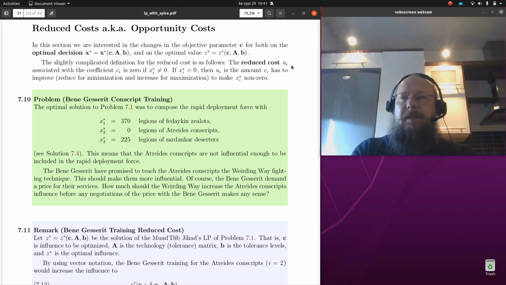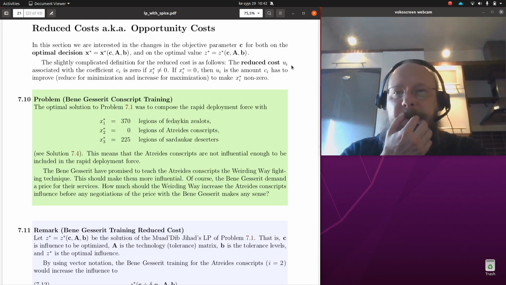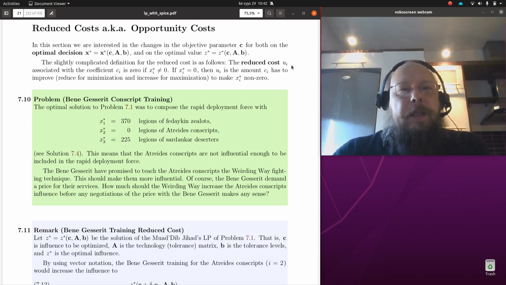Okay, so much for minimization. Let's go to maximization, which I prefer for some aesthetic reasons. In that case, for example, if we are producing cakes and it was the Harkonnen cake x_3 that was zero in the earlier problems 4.1 and 5.1, then it means that we are not getting enough Solaris out of it.